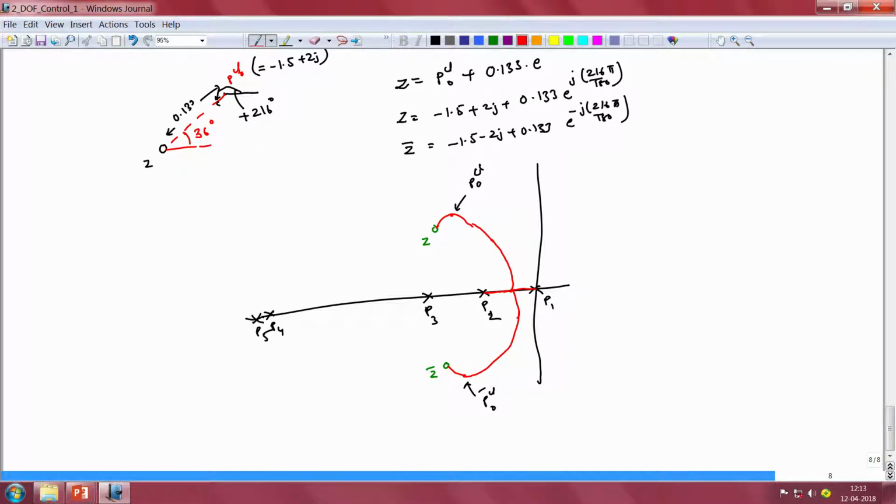So this is going to be the fate of 2 of the branches of root locus. Then we would have one more branch starting from the point P3, namely at s is equal to -2, and heading off to the left of the point P3.